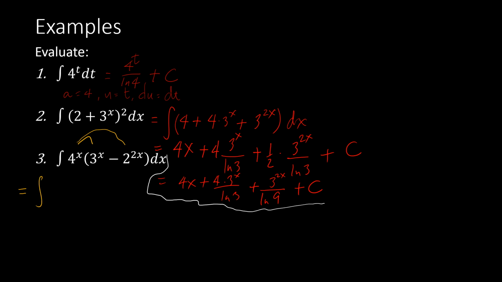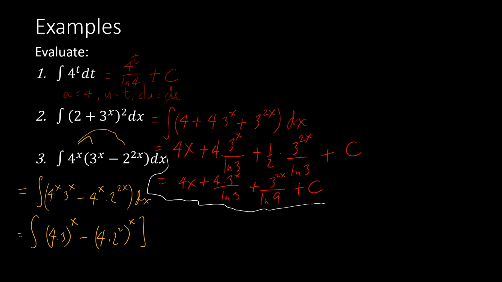So we'll be getting 4 raised to x times 3 raised to x, minus 4 raised to x times 2 raised to 2x, quantity dx. Now 4 raised to x times 3 raised to x can be written as 4 times 3, raised to x. And then the other one is 4 times 2 squared, raised to x, quantity dx.